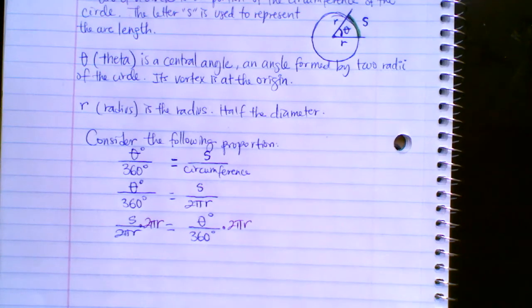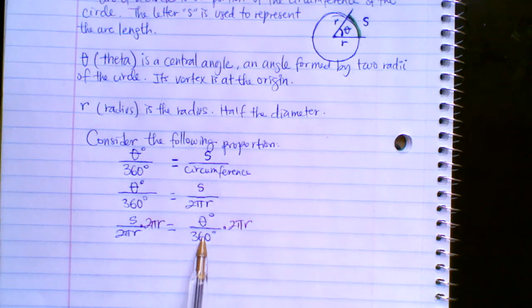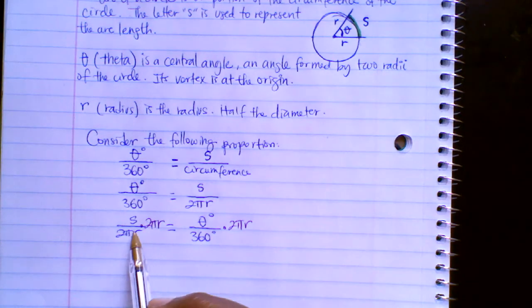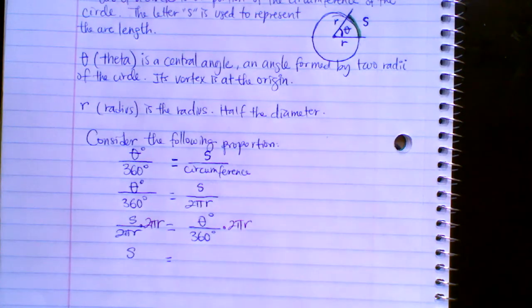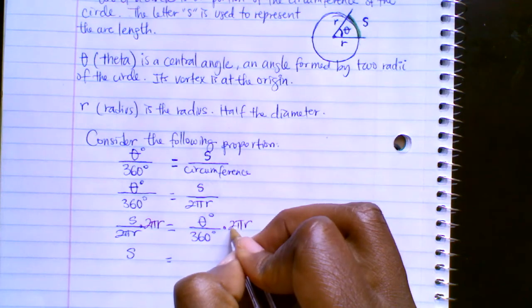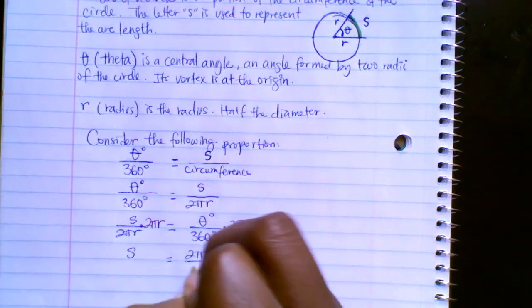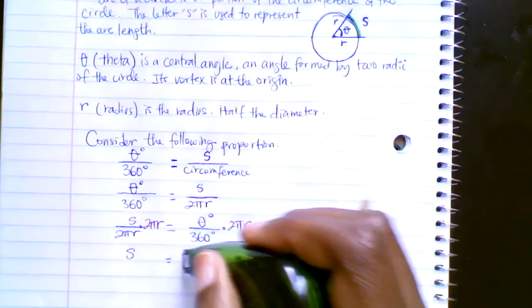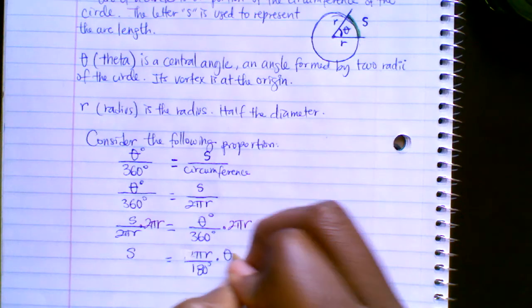Actually, if you can memorize the circumference of a circle, that's great, because from that, if you set up the proportion correctly, you can derive S. Now a number divided by itself simplifies to 1, and 1 times S is S. It's simple, I can divide the 2 on top and below, so I end up with pi r over 180 degrees times theta in degrees as well.